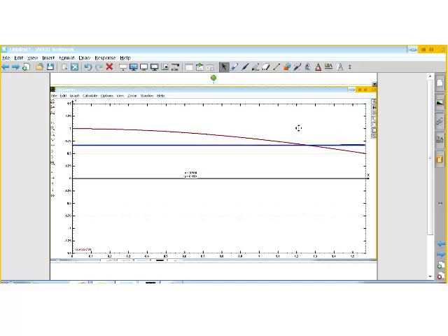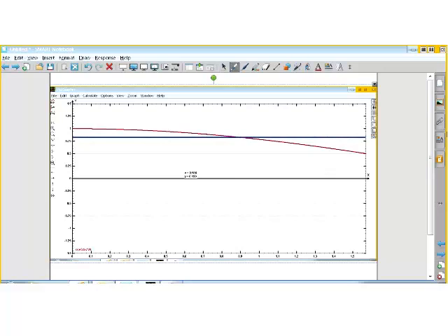So somewhere in here, I'm going to look at these two, and I'm going to say about right there, that this area is about equal to that area. I think maybe closer to there.